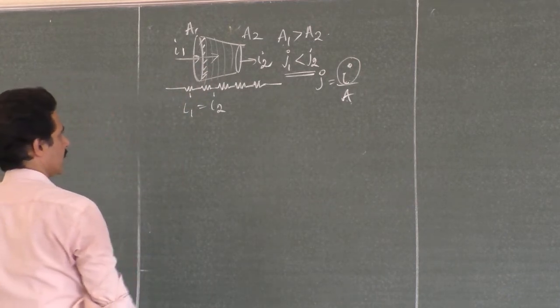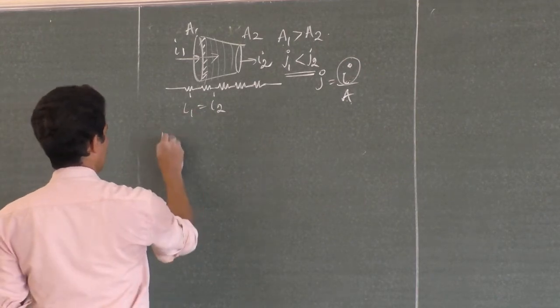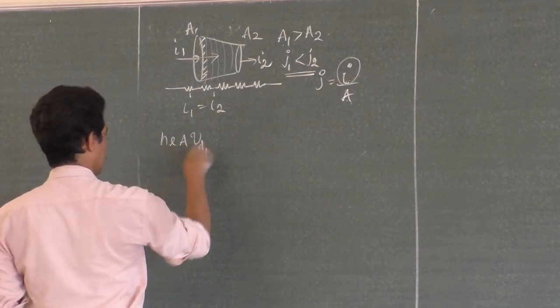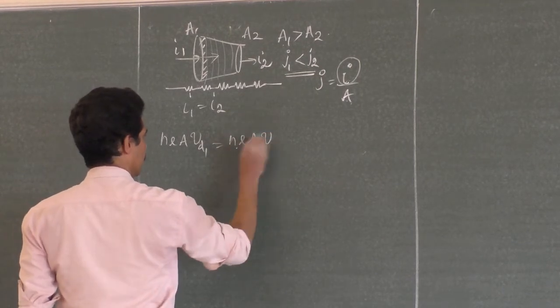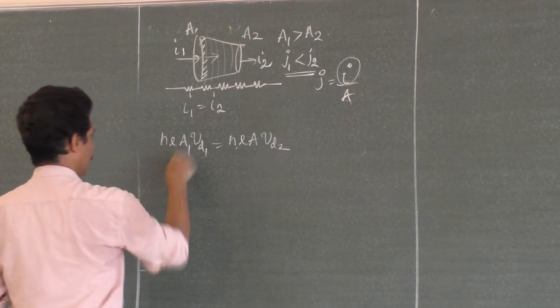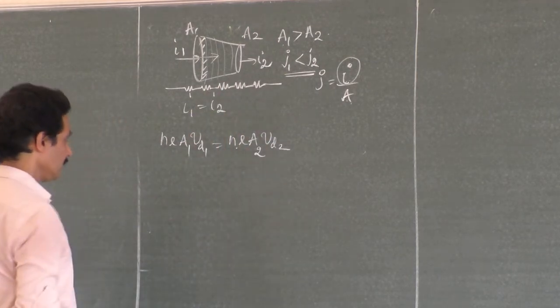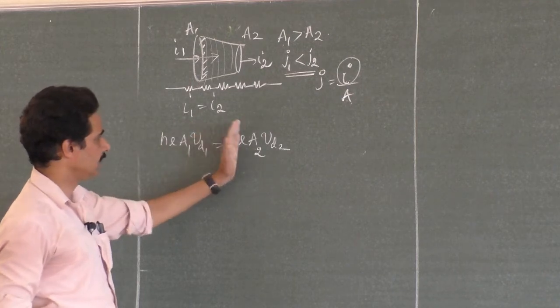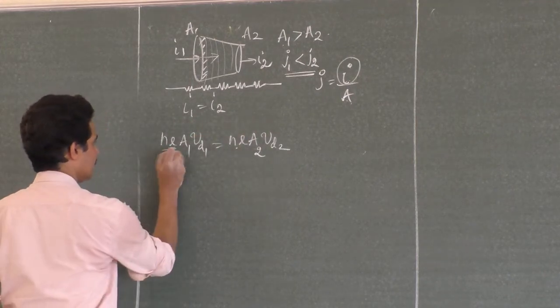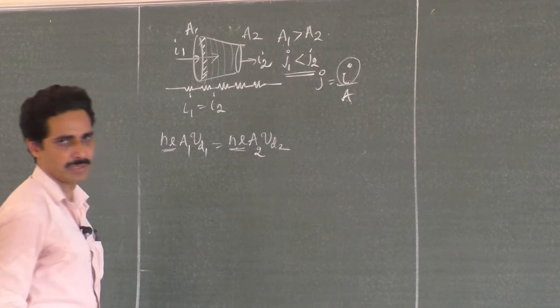Now what about drift velocity? If you want to know, N E A1 VD1 is equal to N E A2 VD2. Current on the left hand side is N E A1 VD1, and on the right N E A2 VD2. Sir, why didn't you take suffixes here? Very simple.